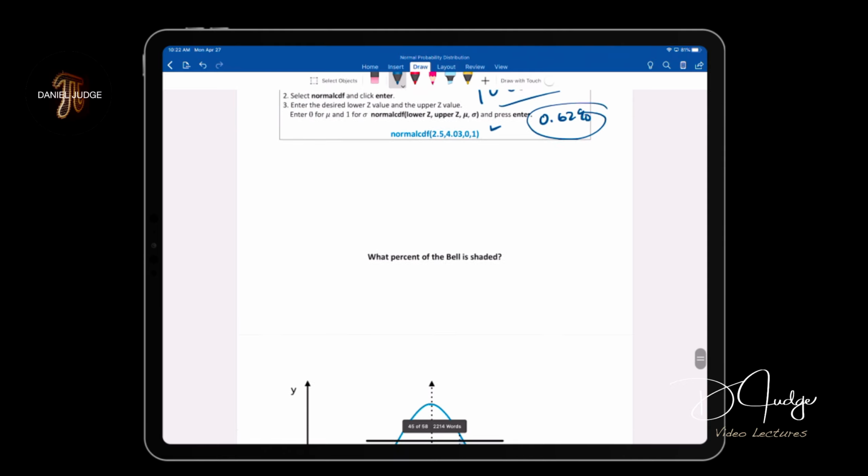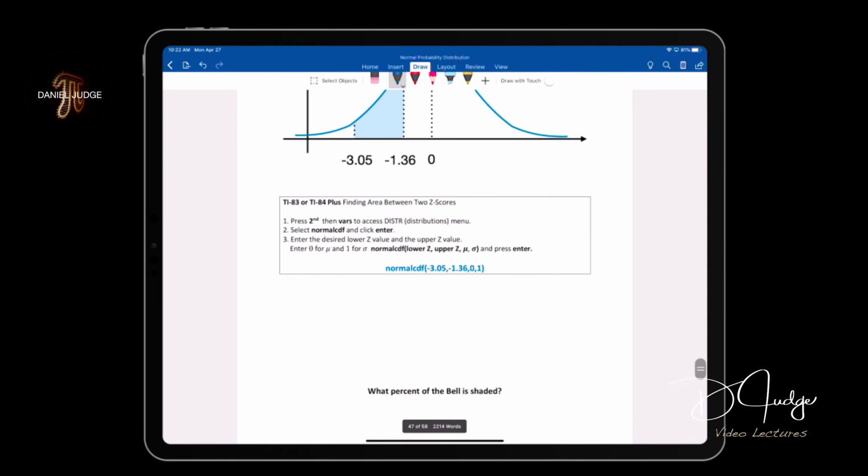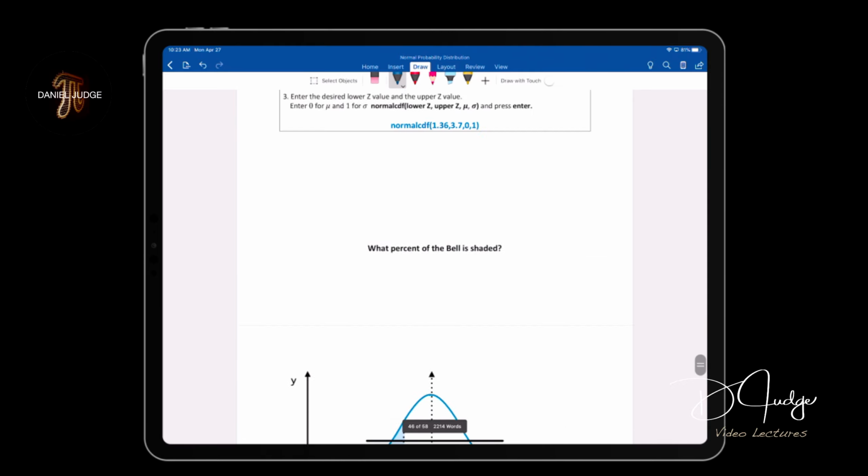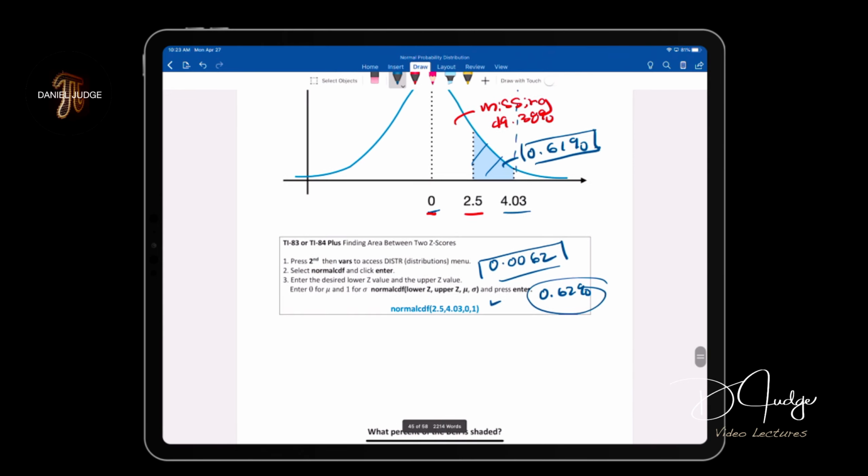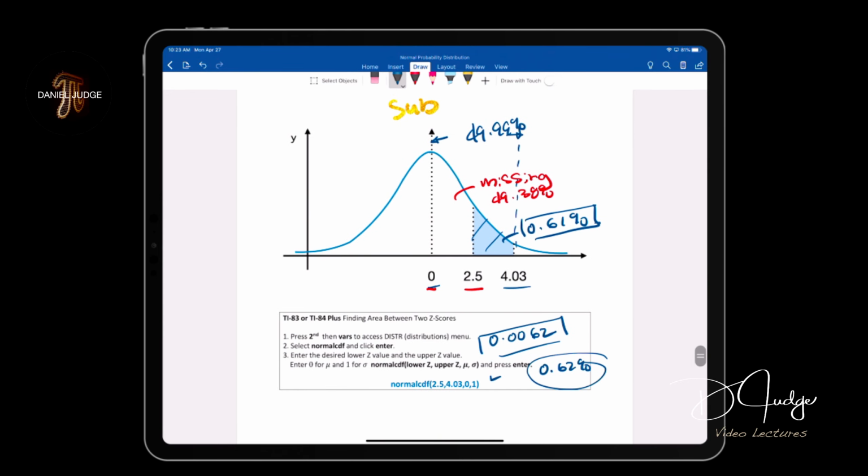Look over the rest of these and try this out on your own with your own calculators, and see how that goes. Tomorrow we'll see how to do a real question.